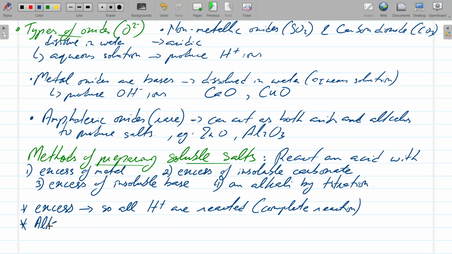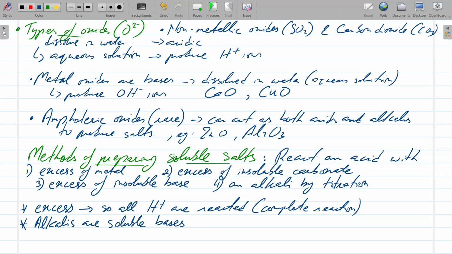Alkalis are soluble bases. So if you've got a base that is in powder form, and you mix it into water and it dissolves and forms a solution, then that soluble form of the base is called an alkali.